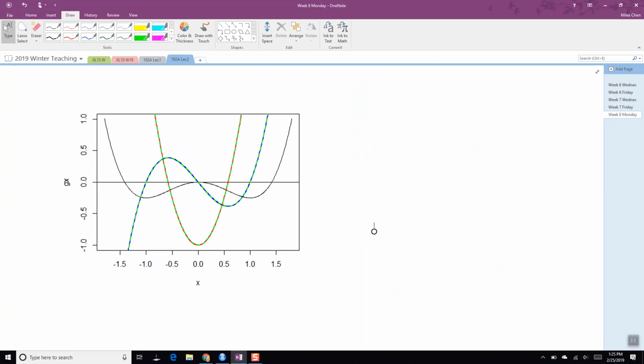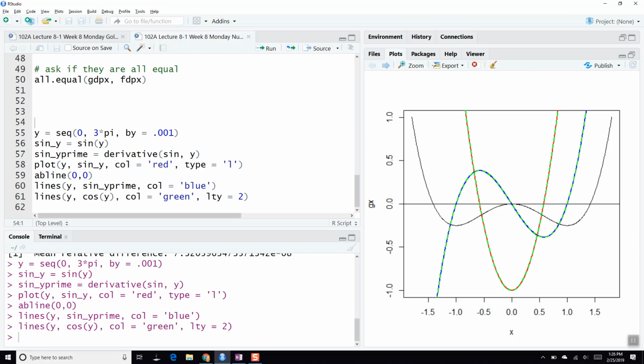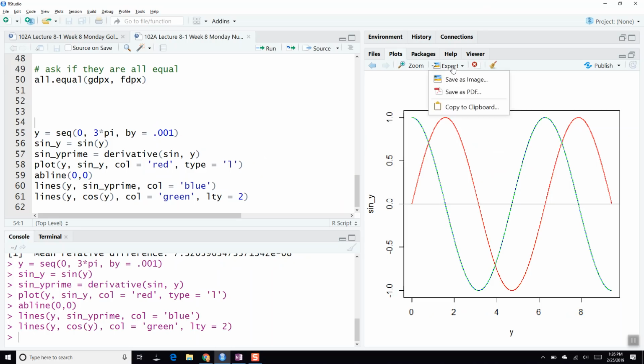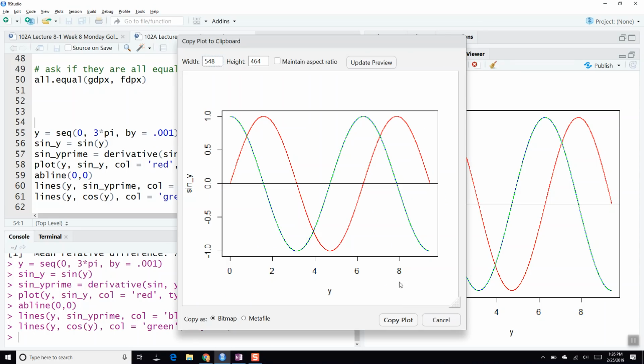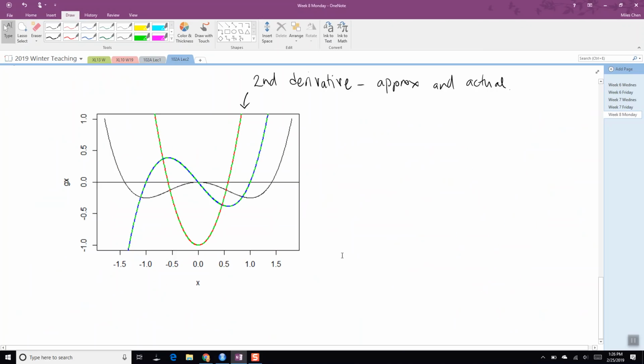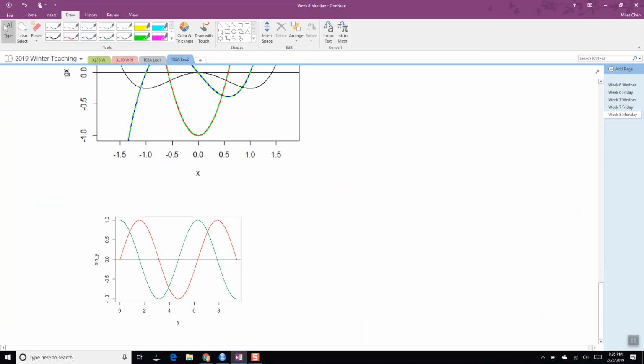So this is the second derivative, both the approximation and actual, and non-polynomial functions as well.